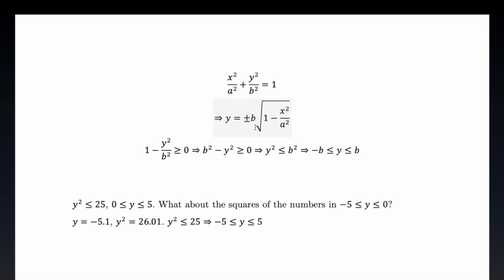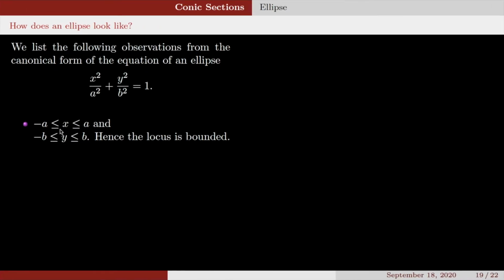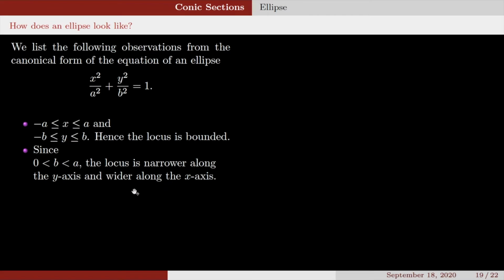To have a real value of y, x is also bounded between minus a and a. Therefore, x is bounded between minus a and a, and y is bounded between minus b and b. Therefore, the locus is bounded, unlike the parabola.